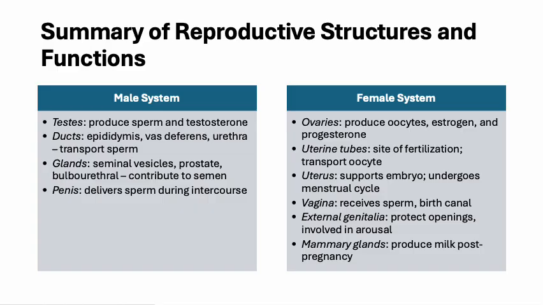The vagina serves as the entryway for sperm and the exit for both menstruation and childbirth. Externally, structures like the labia and the clitoris contribute to protection and arousal. After childbirth, the mammary glands become vital for newborn nutrition through milk production. Together, these systems ensure reproductive success and hormonal balance through the lifespan.